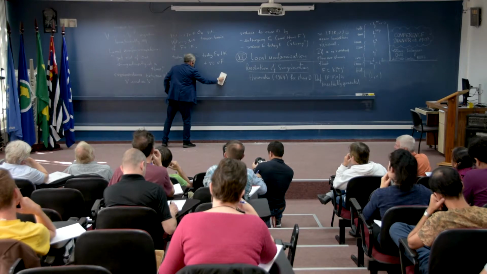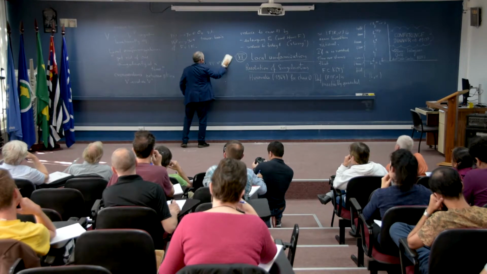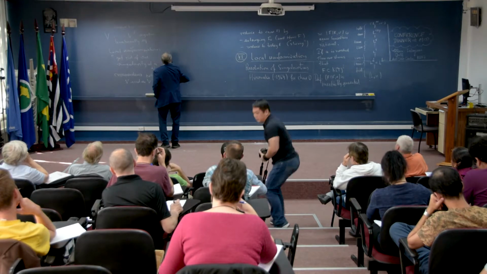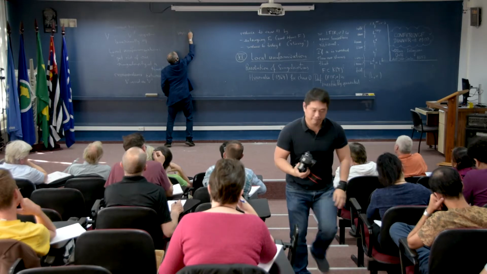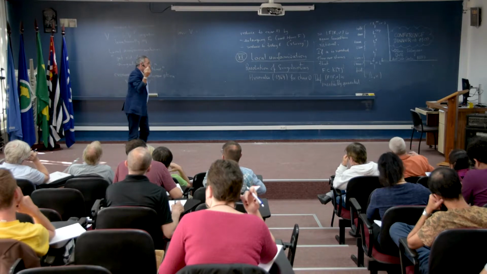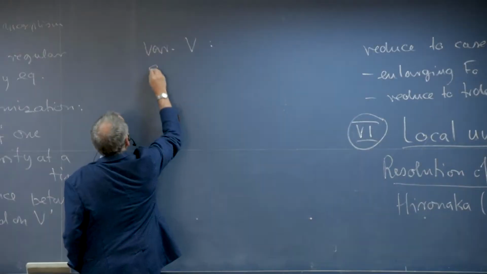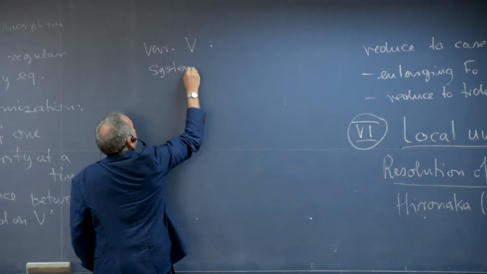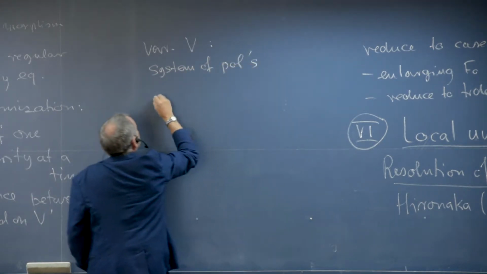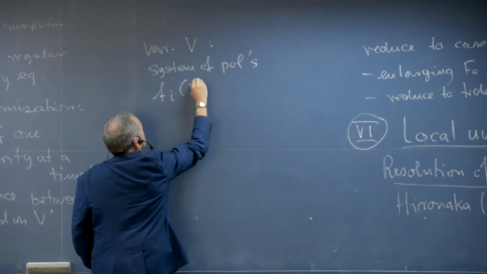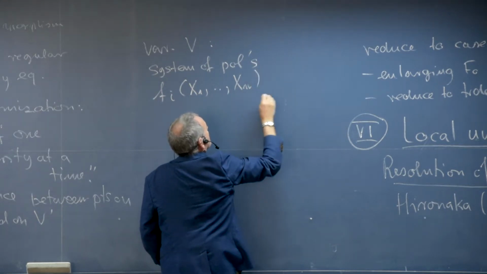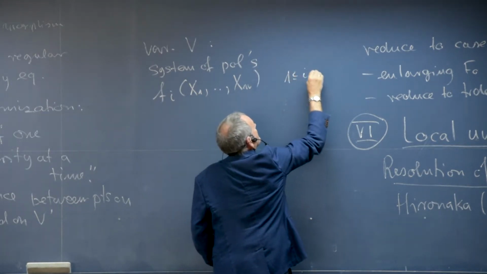And to introduce you to that, let's think for a moment about what a variety actually is. So variety V. Okay, so you have a system of polynomials f_i in x1 to xn, m many.